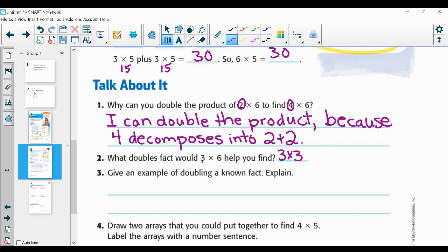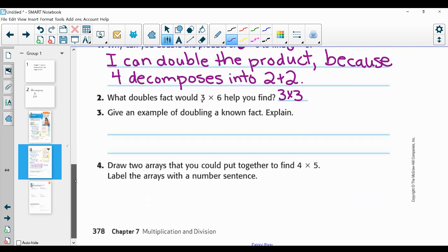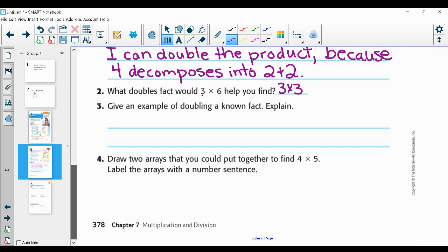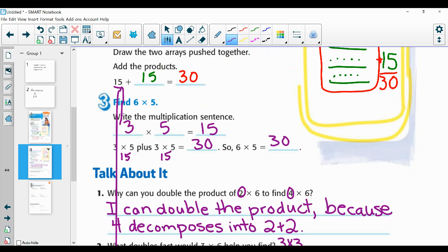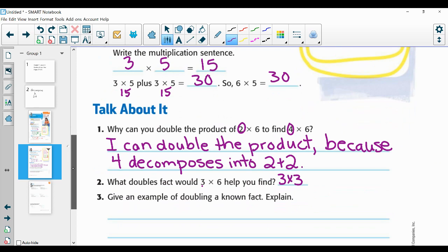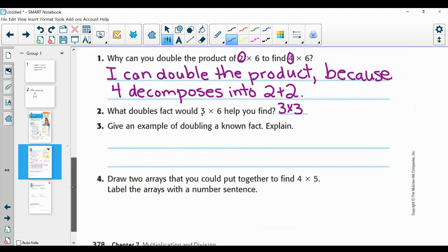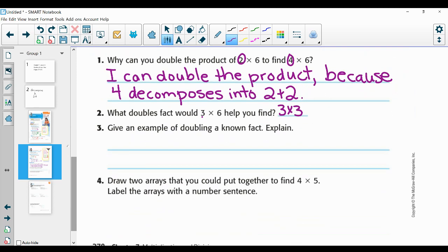Give an example of a known fact and explain. So we already talked about a known fact is a fact you already know. So I know 2 times 4. Whoa, that happened again. I don't know why that happens. I think I say that every time. Okay. Let's do this.